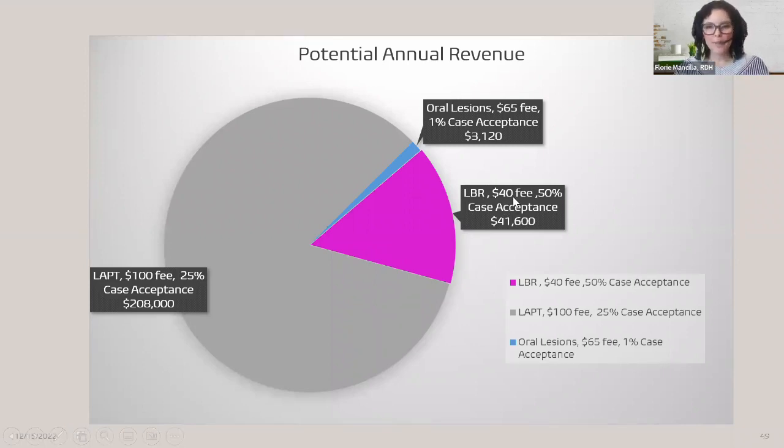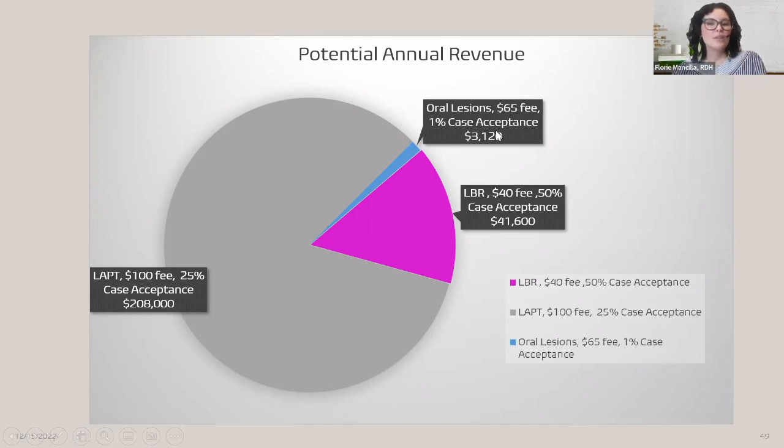At a $40 fee and only a 50% case acceptance, with hygiene working 5 days a week and an average of 40 patients a week, you could have a potential revenue of $41,600. That has already paid for your laser.